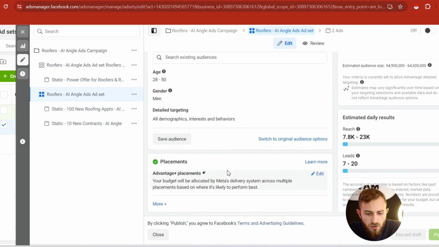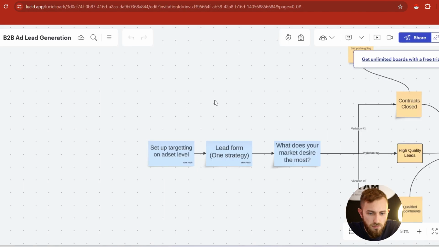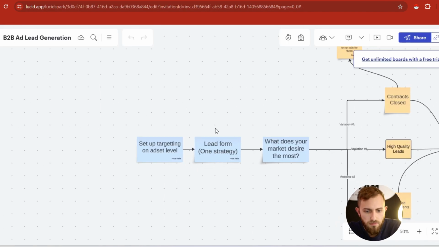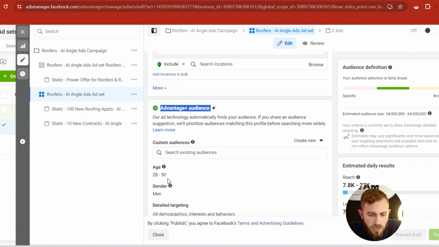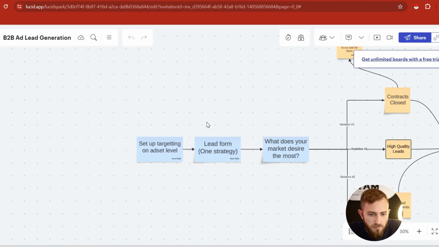Cool. So you want to click on continue over here, or next, or whatever the button is. And then after that, let's go back to the diagram over here. So we've talked about the targeting on the ad set level, which is basically this Advantage Plus audience and broad targeting. Lead form, we're talking about the lead form strategy, which I'll show you exactly how to set up.